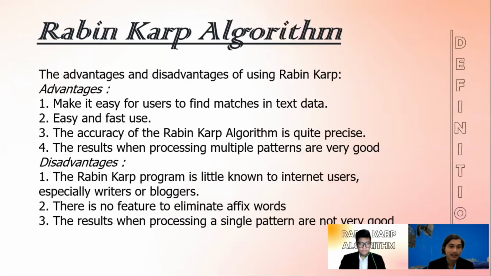Second, disadvantages. First, the Rabin Karp program is little known to internet users, especially writers or bloggers. Second, there is no feature to eliminate affixed words. Third, the results when processing a single pattern are not very good.